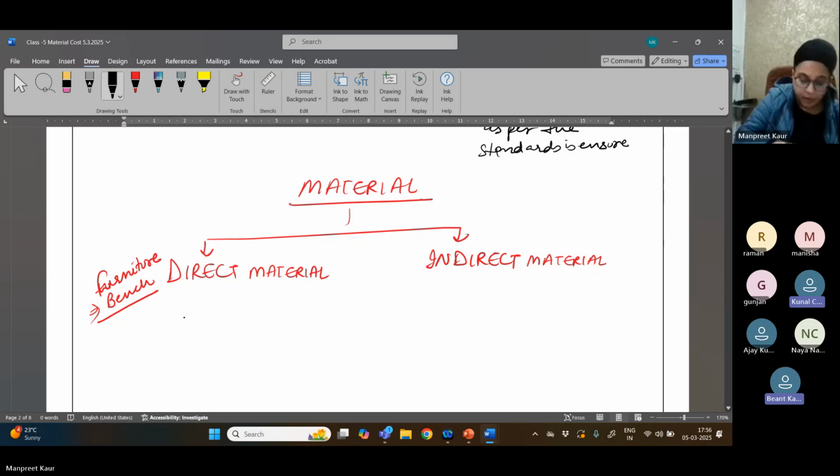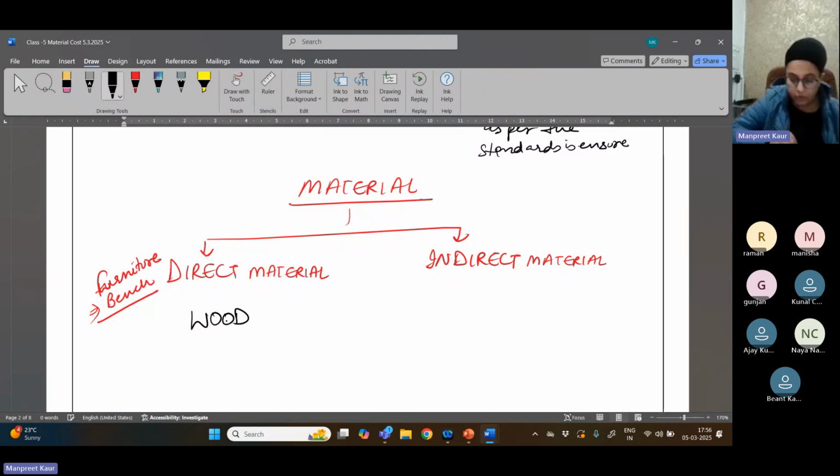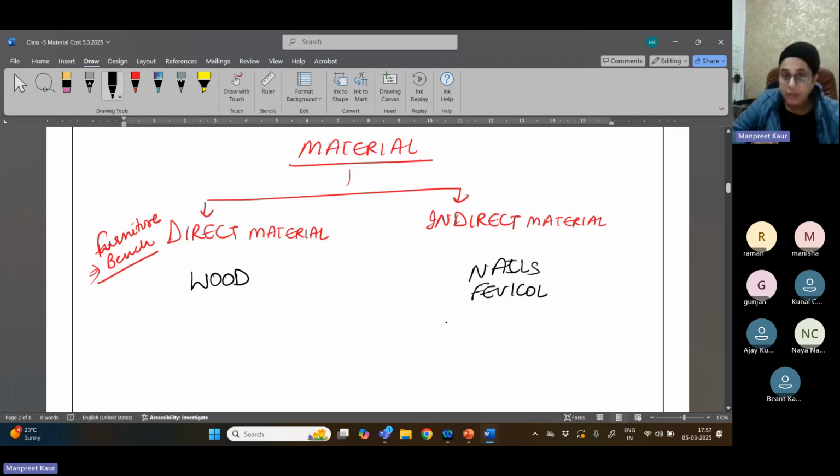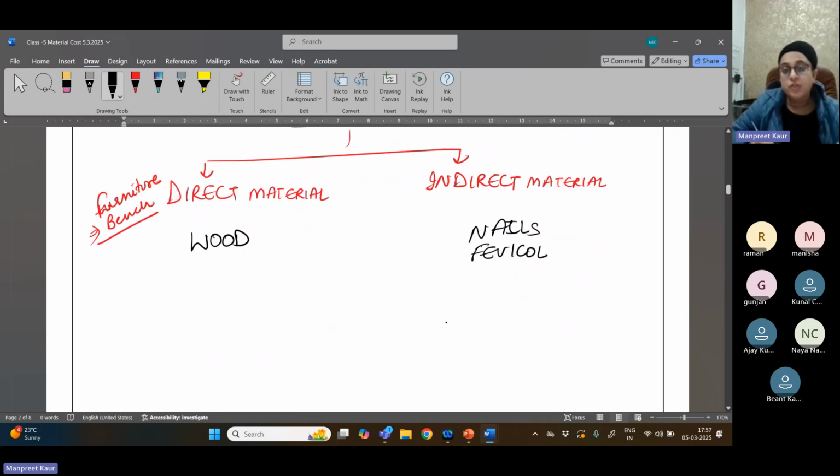Ma'am, wood. Wood and paint. Very nice. Indirect material: what do we use to join the wood? Nail. Very nice. And Fevicol. This is the indirect material in the case of the furniture manufacturing industry.